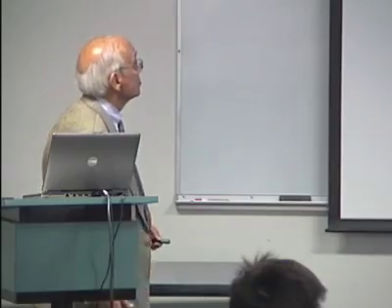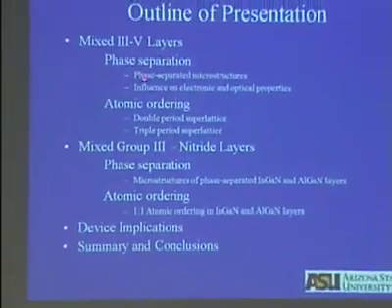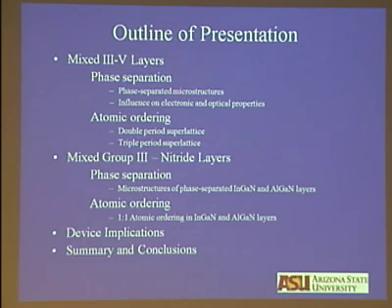What I am going to address is that in mixed 3-5 layers, the atoms are not distributed at random. I'll explain in the next slide what I mean. I'll cover the phase separation and atomic ordering, and then go to the mixed nitrides.